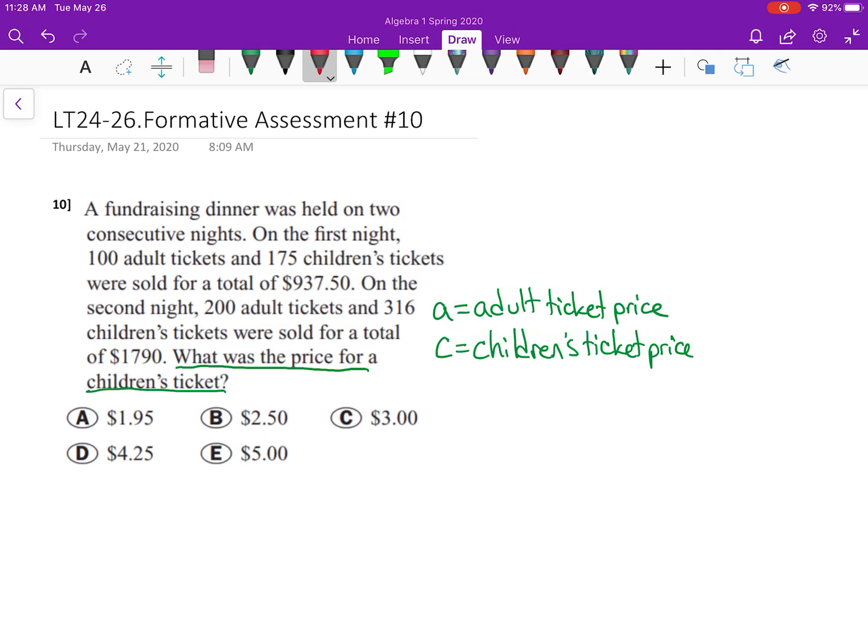Now I should be able to go back and read my problem and set up 2 equations to model the situation. So when I go back and read, I see that on the first night, 100 adult tickets and 175 children's tickets were sold for a total of $937.50.